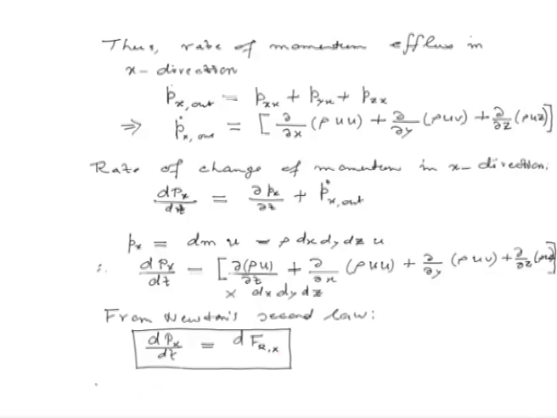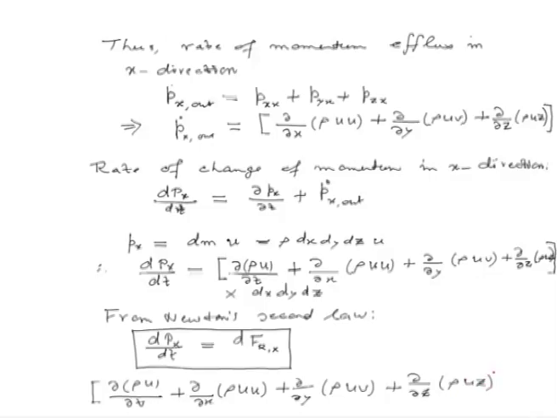So, on the left hand side we get del of rho u over del t, del x of rho uu, del y of rho uv plus del z of rho uw, multiplied by dx dy dz.